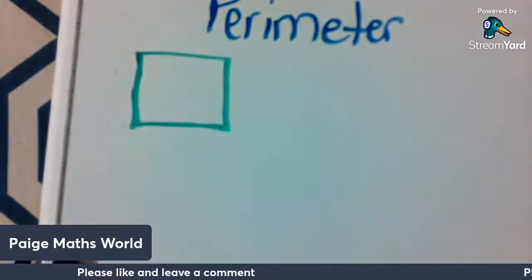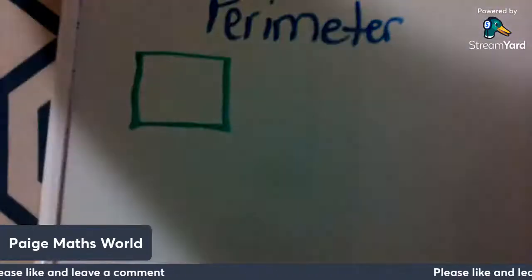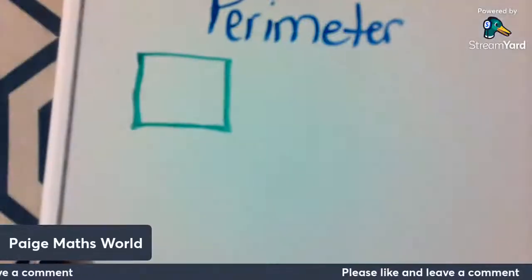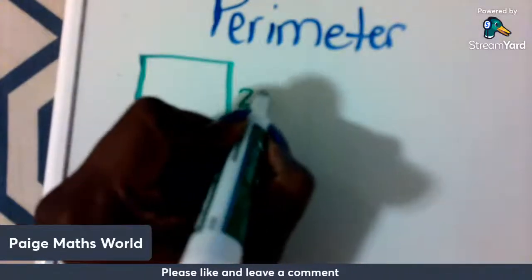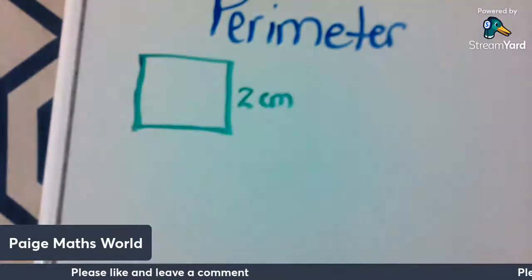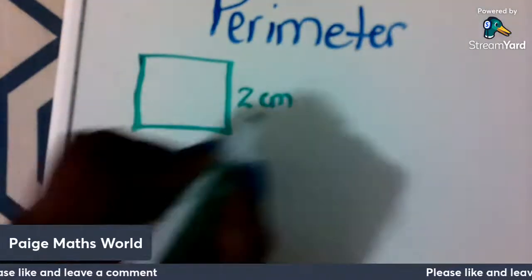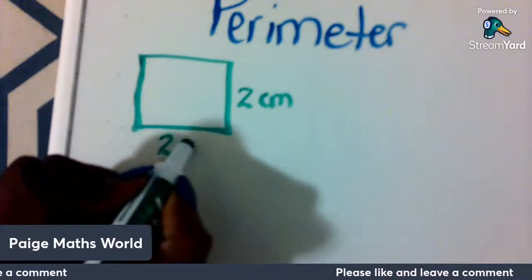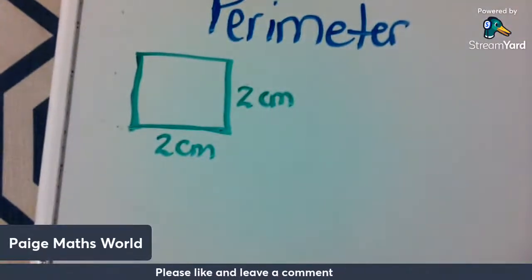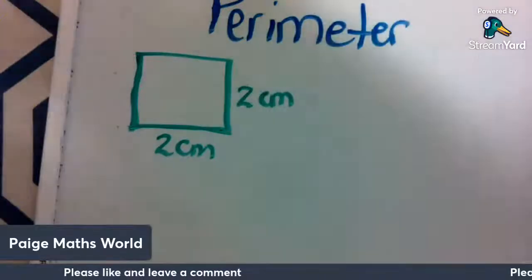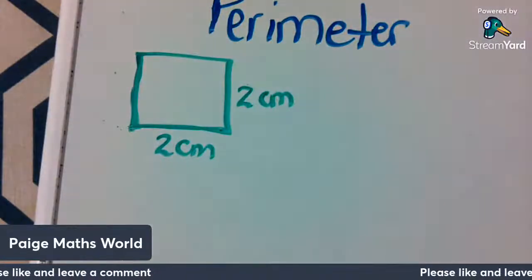All right, and you're given one length of the garden to be, say, 2 centimeters. And the other length, if it is a square, will have to be 2 centimeters. Now, you're asked to find the perimeter of this particular square.